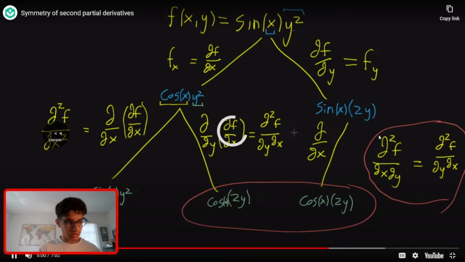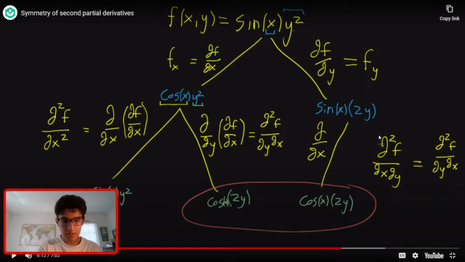So what is he saying? I think he's trying to show that these two are equal because in the denominator you'll have partial x, partial y. I don't think that's how it actually works. I don't think you can multiply it.